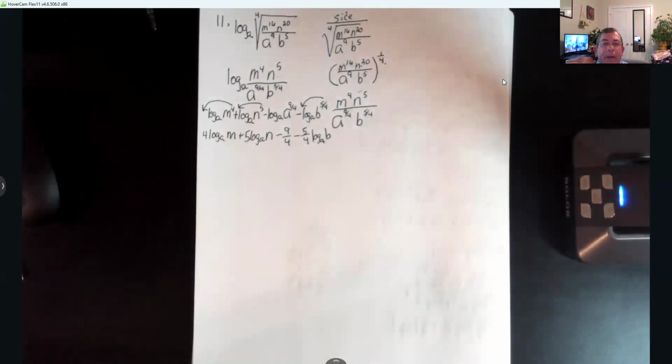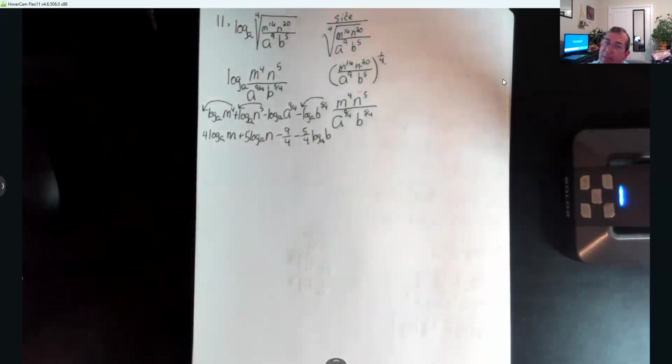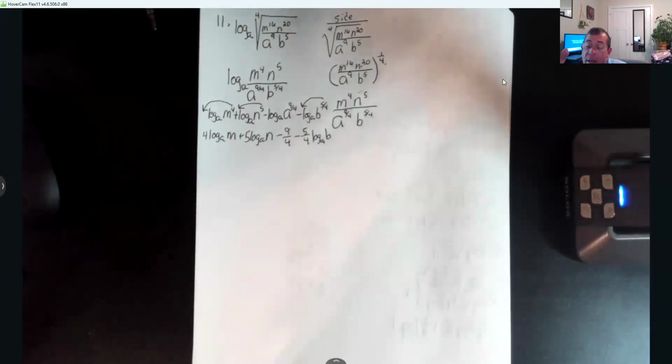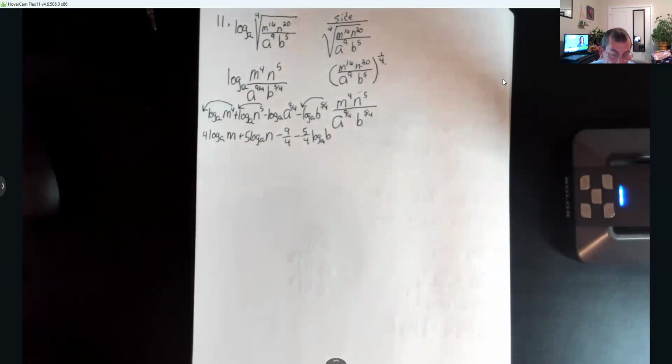All right, y'all. So that's like 5 of them where we had to rewrite it as sums or differences. And you also had to utilize that power rule and bring them exponents down to the front, okay? So starting at 12, what they want us to do, they're going to give us 2 or more logarithms, and we got to write them as a single logarithm.